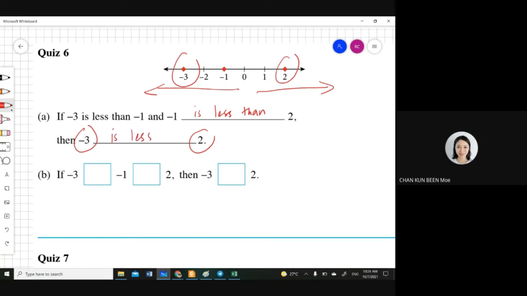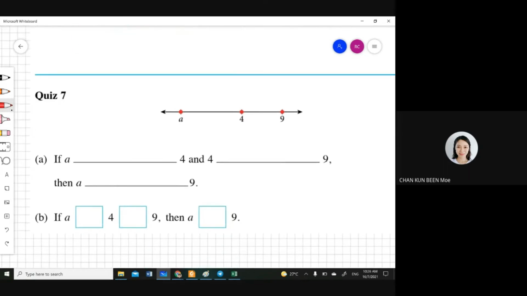Now B. So they just simplify everything using the symbol. If -3 and -1, this means it is less than. And then -1 and 2, also less than. Then -3 is less than 2. That is the conclusion.